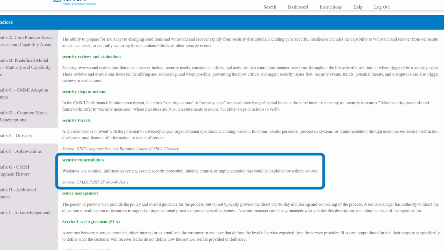Whereas a security vulnerability is defined as a weakness in a solution, information system, system security procedure, internal control, or implementation that could be exploited by a threat source. Threats are therefore things that could adversely affect us, and vulnerabilities are the mechanisms through which a threat could be exploited.